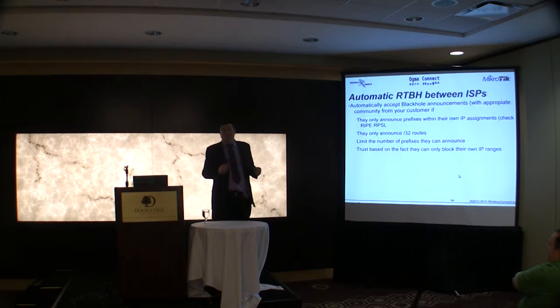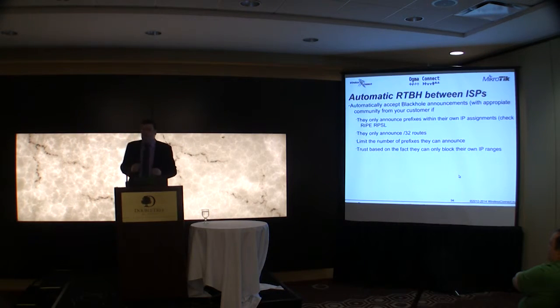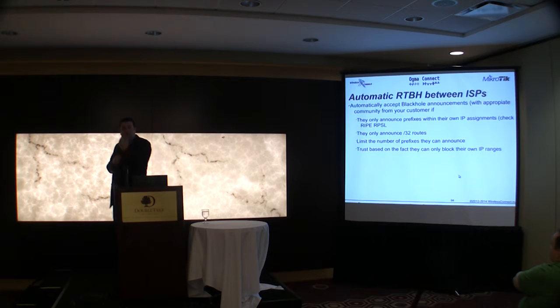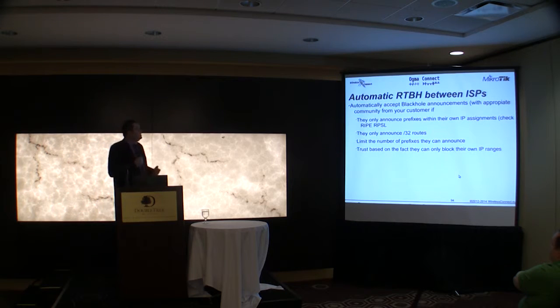But if he advertises 7.7.7.7/32, then I'm probably going to say, no, Mike, you can't really do that. As a transit provider, you can only accept black hole prefixes from someone's own network. It only makes sense in that case.